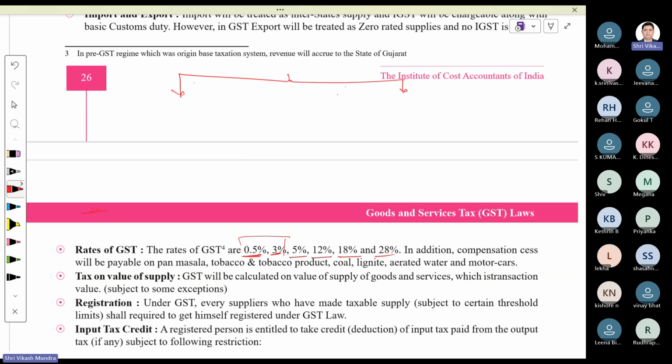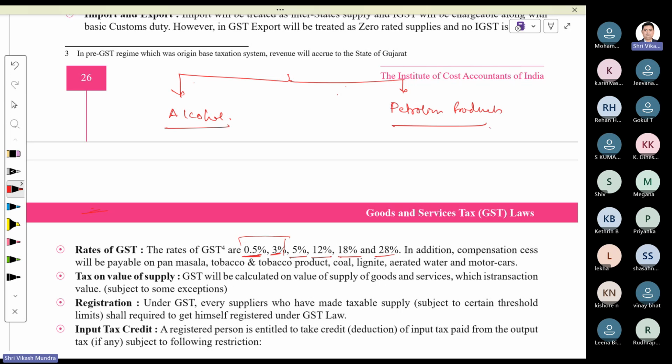One is alcoholic liquor, that means alcohol, and another one is a couple of petroleum products. On alcohol, the existing system is still prevalent. What is the existing system?